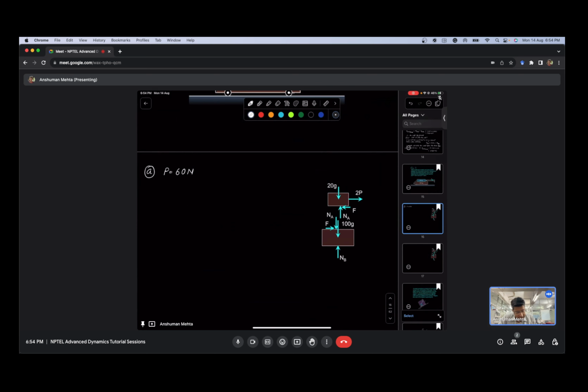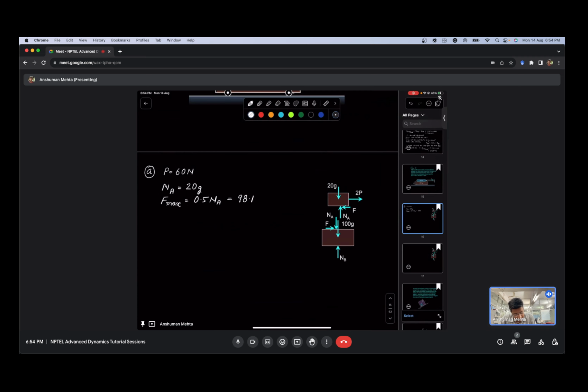Now we can see in this figure, when P is equal to 60 Newton, we have NA equal to 20 g, and F max is equal to 0.5 NA, which will be equal to 98.1.